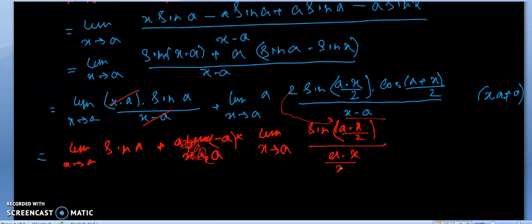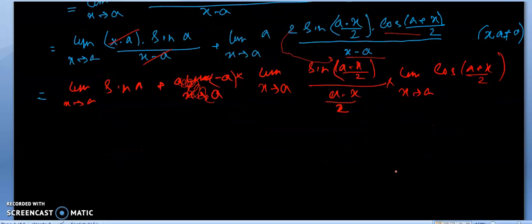Write the other portion as the limit as x tends to a of cos((a plus x)/2). Now we know if the denominator is not 0, easily we can put the values of the limits.